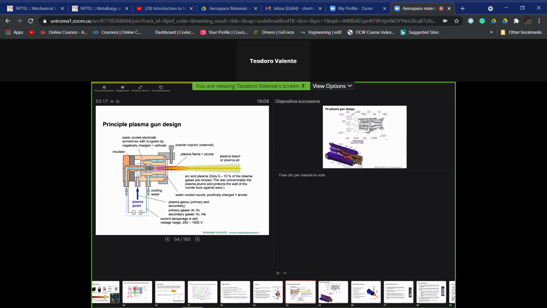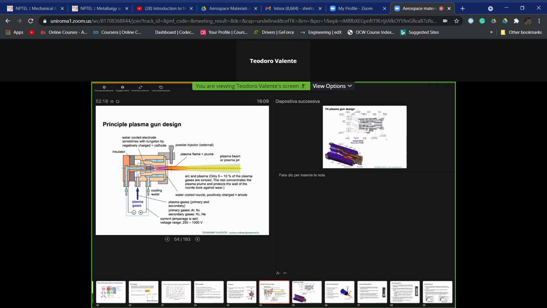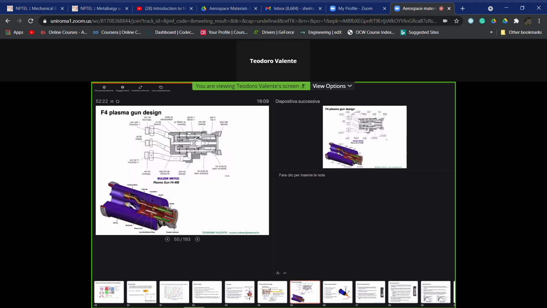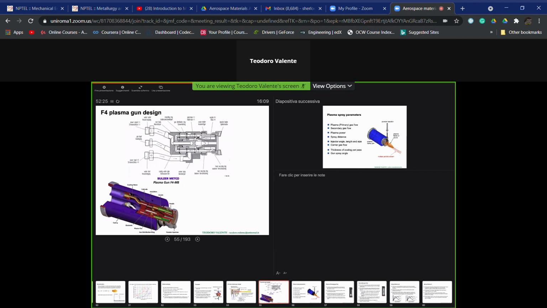This is the example. This is, let me say, a drawing. This is a real torch fabricated by one of the most important industries which design, fabricate and sell this kind of equipment, the so-called Metco. Sulzer Metco was the previous name.